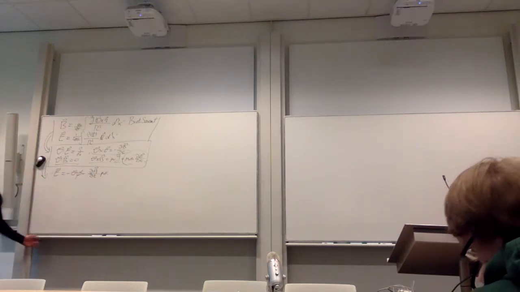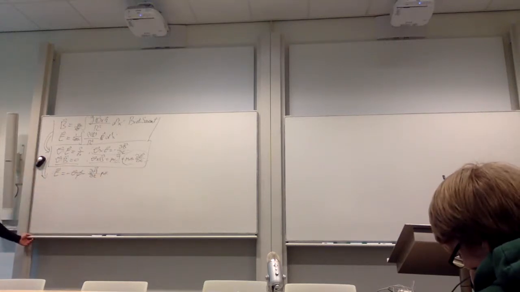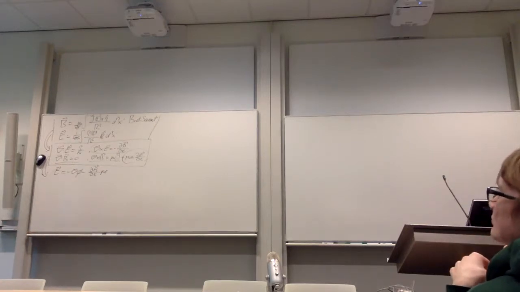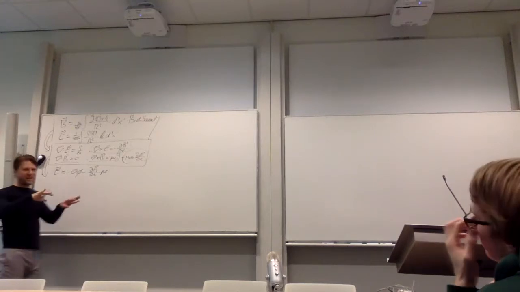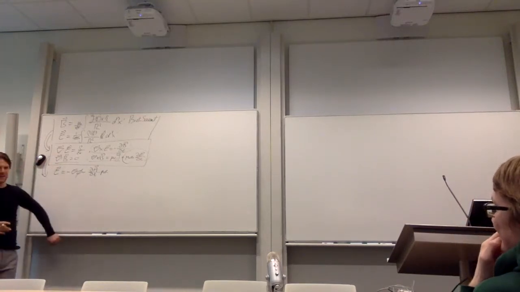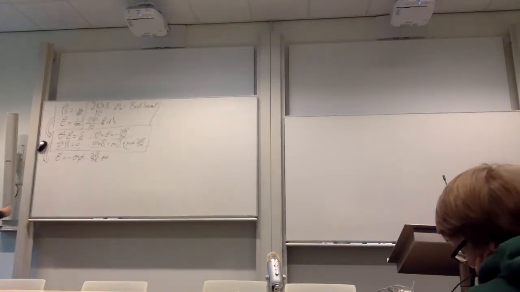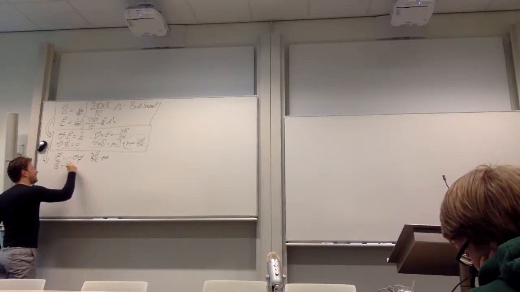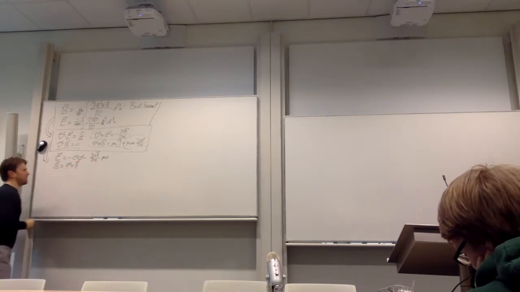There's this here, but I'm being very inconsistent with my epsilon zeros and mu zeros. So if you don't see them, just check your notes, they should be there somewhere. My mind is halfway in setting into unity and halfway just out of muscle memory writing them down. Okay? So that was one, and you could calculate the magnetic field by taking the curl of the vector potential. This is what we did.